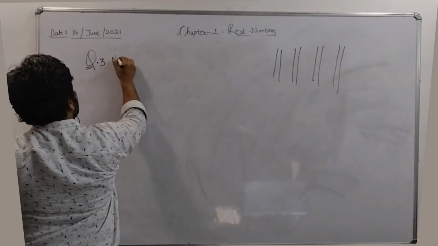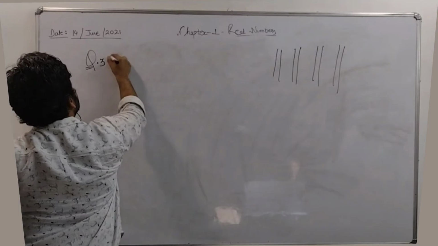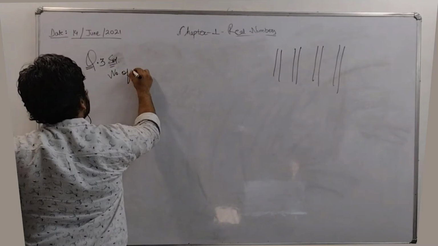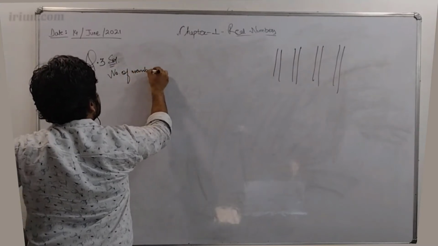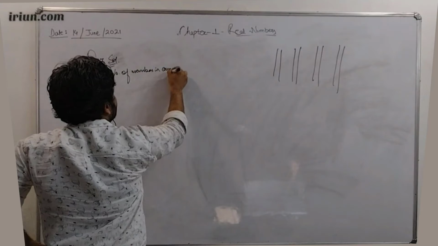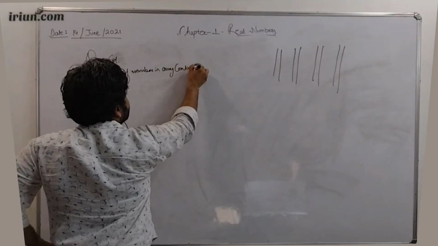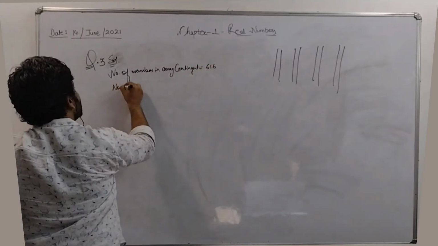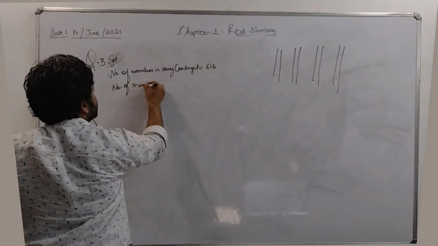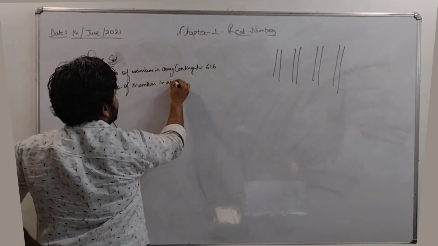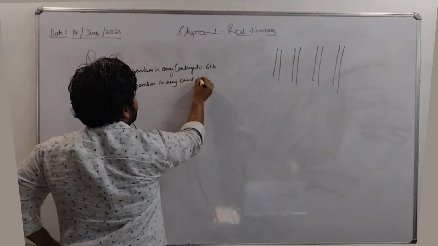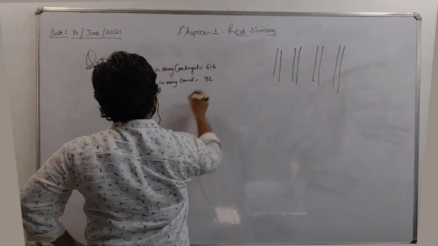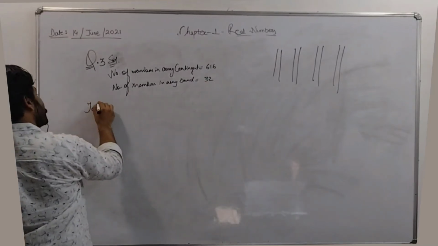Firstly we'll write the given things. Number of members in army contingent is equal to 616. Number of members in army band is 32.